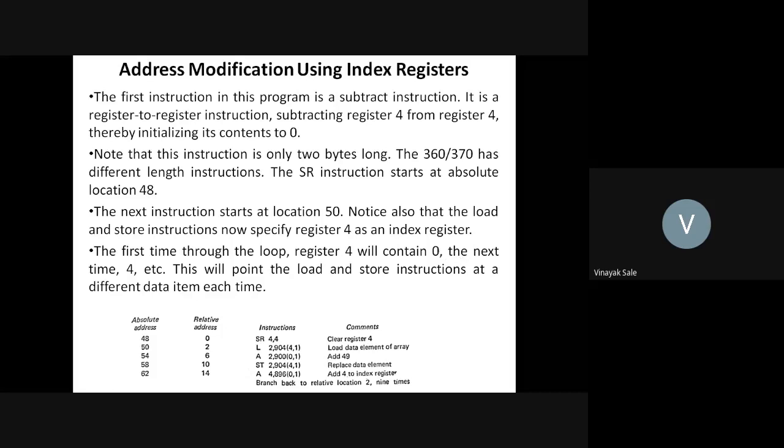The next time it will be 4, and this will point the load and store instructions at different locations each time. See here, first load register 4. Initially it is empty, so in the accumulator instruction it becomes 0. For storage it becomes 4 again. For the accumulator again it becomes 0.